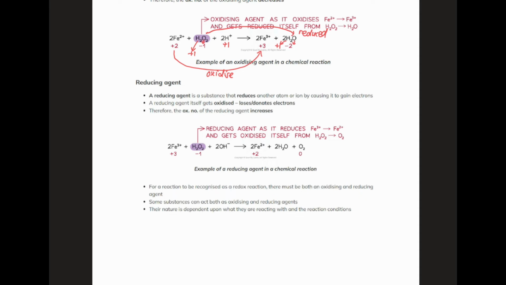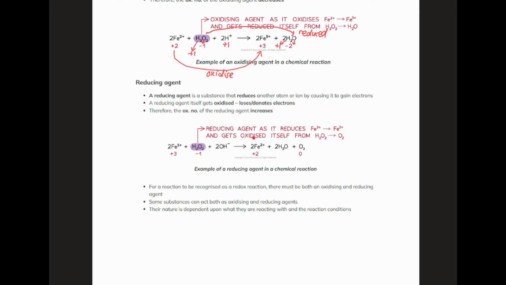Okay, so now let's see an example. You have iron 3+ reacting with H2O2 to become hydroxide, Fe2+, water and O2. Okay, you can see in H2O2, the oxygens go from -1 to 0. So H2O2 changes to O2.